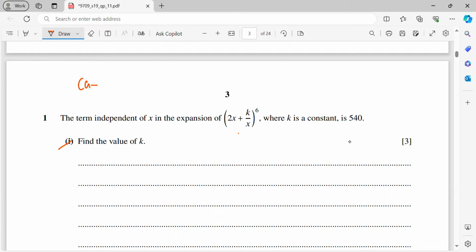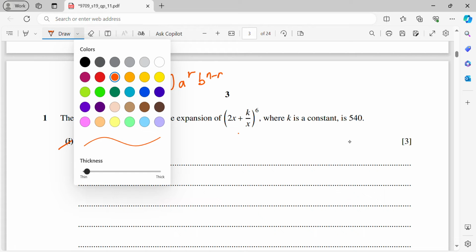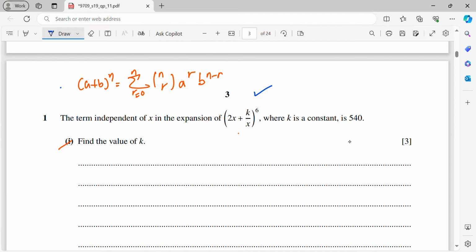So for binomial expansion, we need to use the formula. For (a plus b) to the power of n, it is the summation r from 0 to n, nCr, then a to the power of r, b to the power of n minus r. So this is the full expansion. Then from here, I will be writing down this expansion.